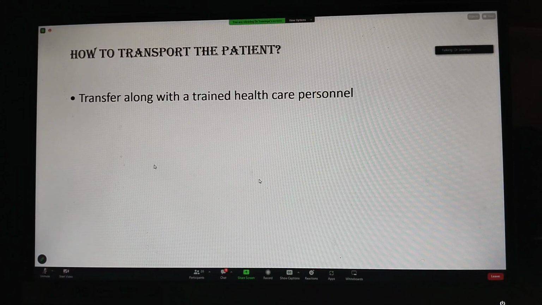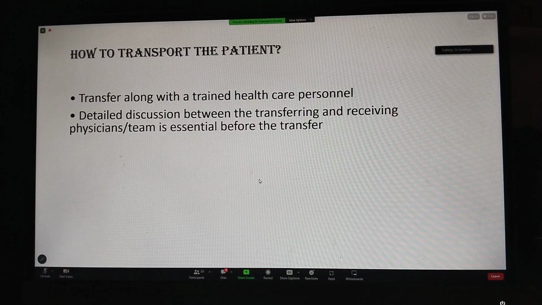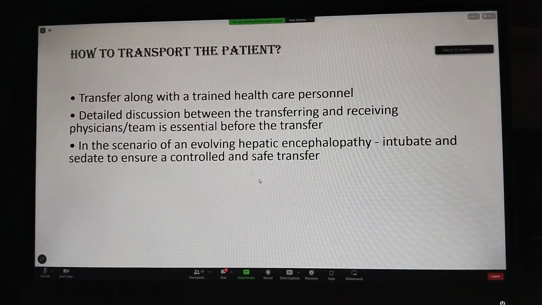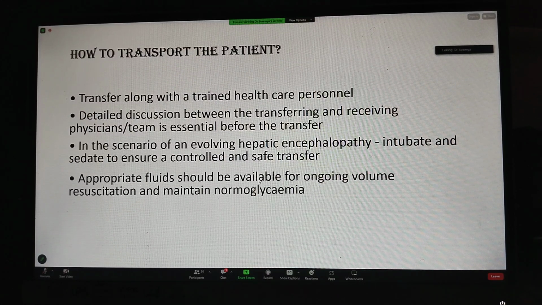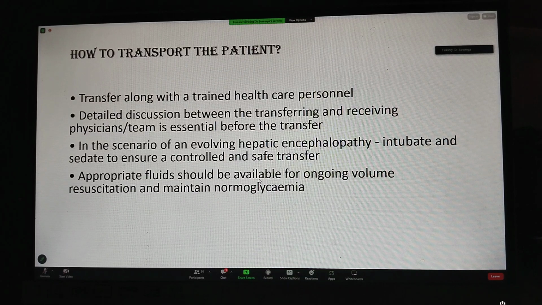Coming to how to transport these patients, they should be transported with trained healthcare personnel. A detailed discussion between the transferring team and the receiving physician's team is essential before the transfer. In the scenario of evolving hepatic encephalopathy or worsening sensorium, these patients should be intubated and sedated to ensure a controlled and safe transfer.